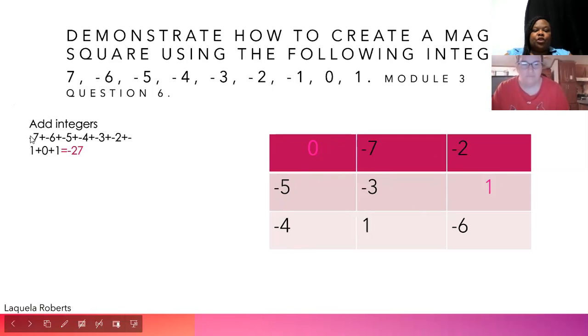So when you add them, you do -7 plus -6 plus -5 plus -4 plus -3 plus -2 plus -1 plus 0 plus 1, which will give us -27. So we're going to divide -27 by 3, and that's going to give us 9. So our magic number for this problem is the number 9.